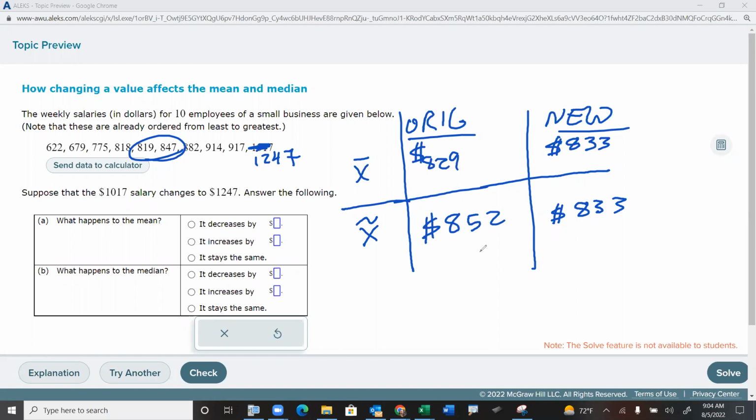Like I said, it wasn't going to be a huge effect on the mean. If we had done quite a bit more and said, yeah, this is $2,000, then it would really adjust. And of course, you could go and check that out real fast on your own. So now we can answer these questions way easier. So what happens to the mean? Well, the mean increases by $23.